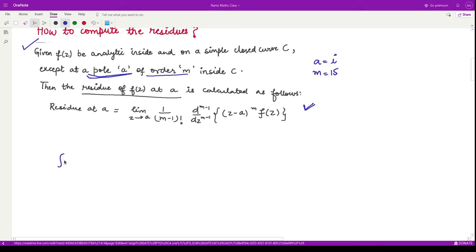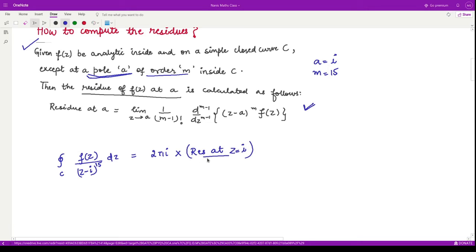So here we have to perform this integration over C of the function f of z divided by z minus iota raised to power 15 dz. This would be equivalent to 2 pi iota multiplied by the residue of the function at the point z is equal to iota.